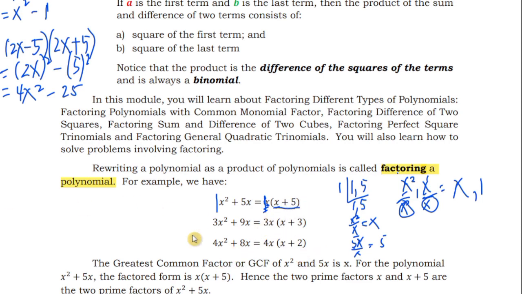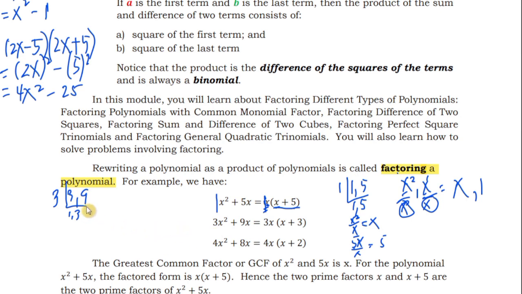Then here we have 3x squared plus 9x. The 3 and 9 have a common divisor, which is 3. So 3 divided by 3 is 1, and 9 divided by 3 is 3. Then collect the literal coefficient.